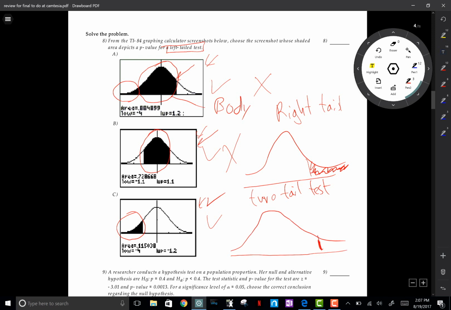So we're going to shade the right tail and also the left tail. It's important to know which density corresponds to the left tail test, the right tail test, or a two-tail test. So that's it for 8.